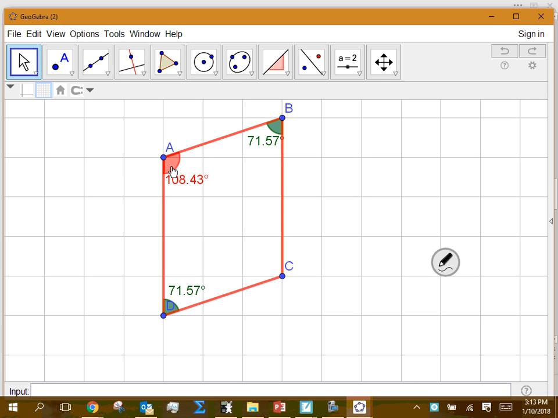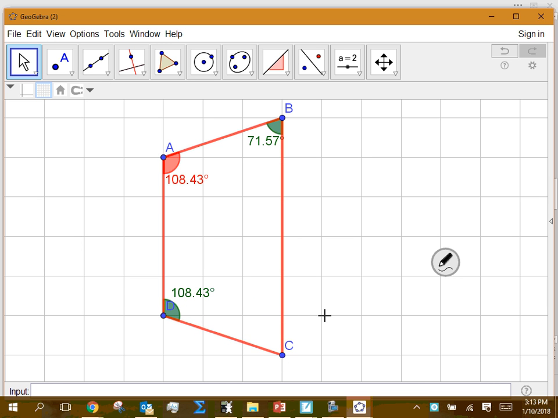We then have to look at these two angles. If we look at those two angles, are they same side interior for that line and this transversal? And are they supplementary? So that makes the top and the bottom parallel, correct? What I want you to understand is that you have to have both.